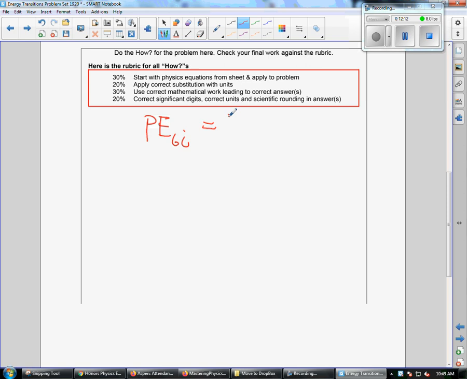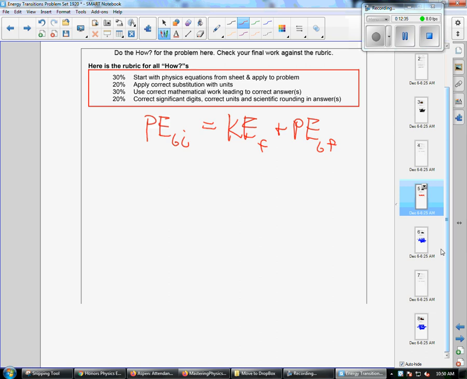That has to equal my kinetic energy at the final position plus my PE grav at that final position. I'll grab my same two equations that I was using last time.